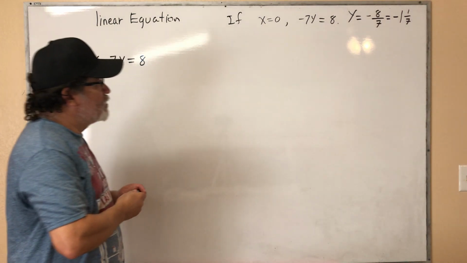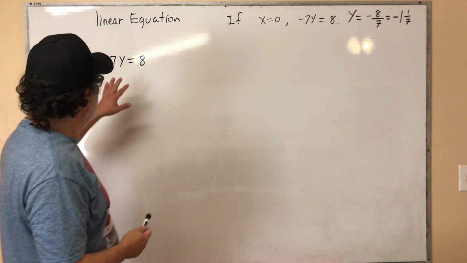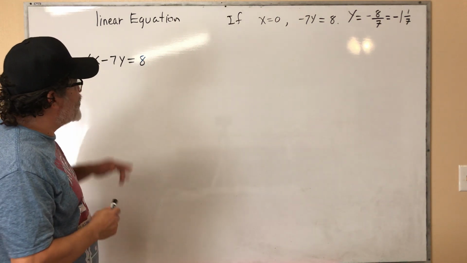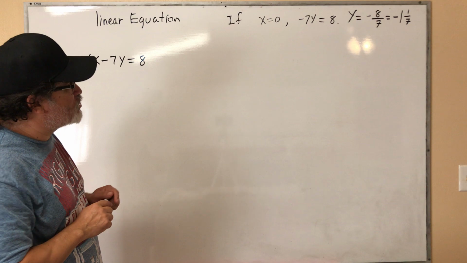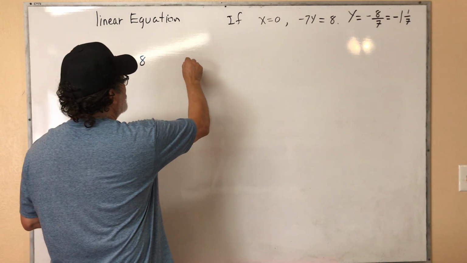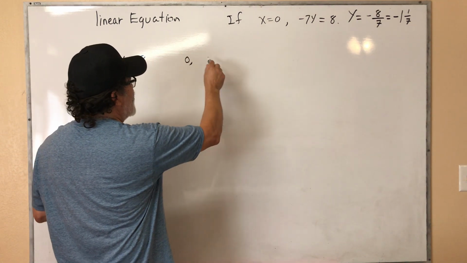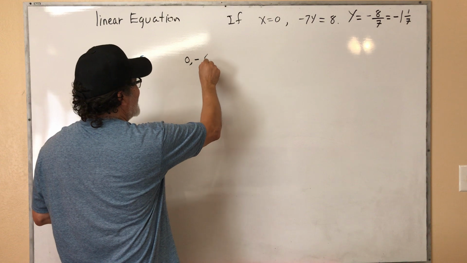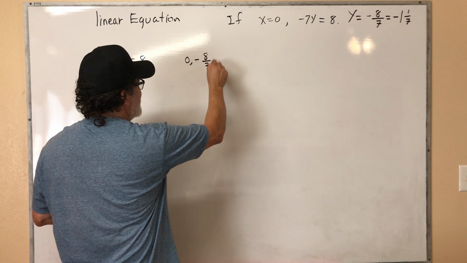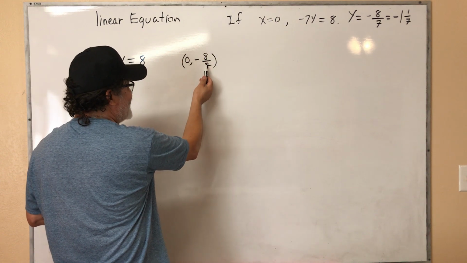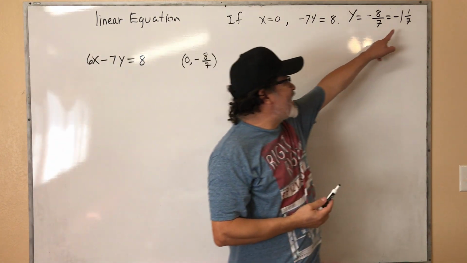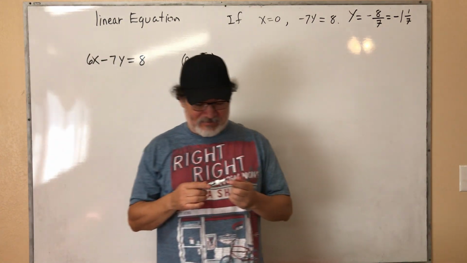So a solution to this equation is x equals 0 and y is negative 8 over 7, which is negative 1 and 1/7. Correct?